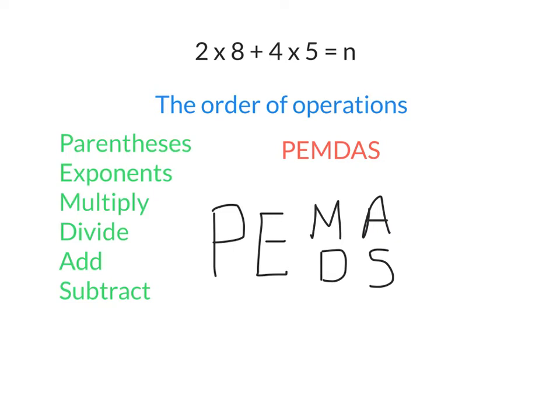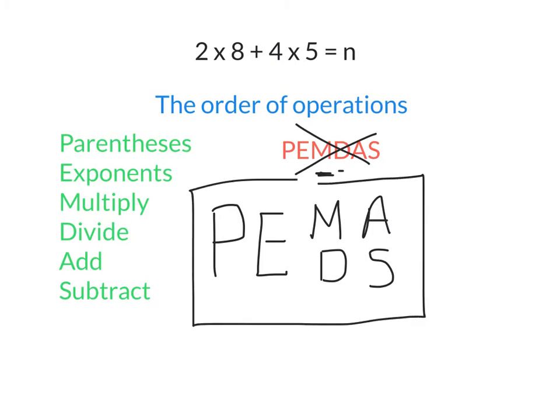This is so we don't get stuck thinking we always have to do the multiply before we do divide or add before we do subtract. So if we write it out like this, we'll remember that we're going to just multiply or divide before we add or subtract, but we can do these in whatever order they come first.